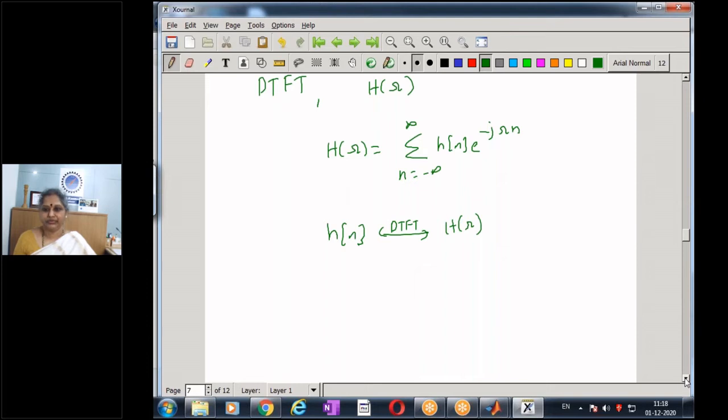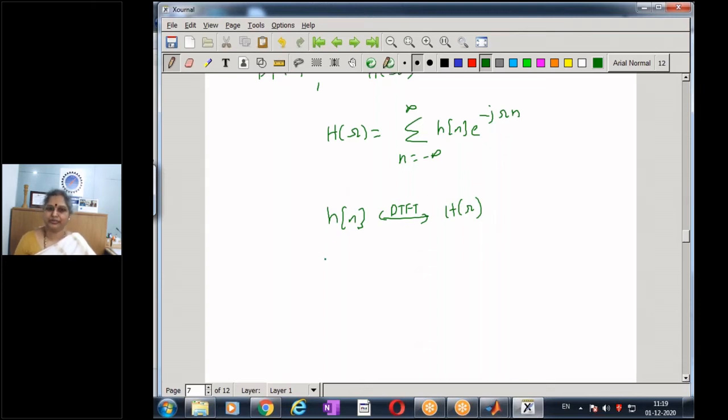So now we'll take one or two examples on how to compute the DTFT of a given sequence. The topic for today's lecture is the discrete Fourier transform, so we have to move to it. Before that, we'll just take maybe one example of computing H(omega), a simple example.